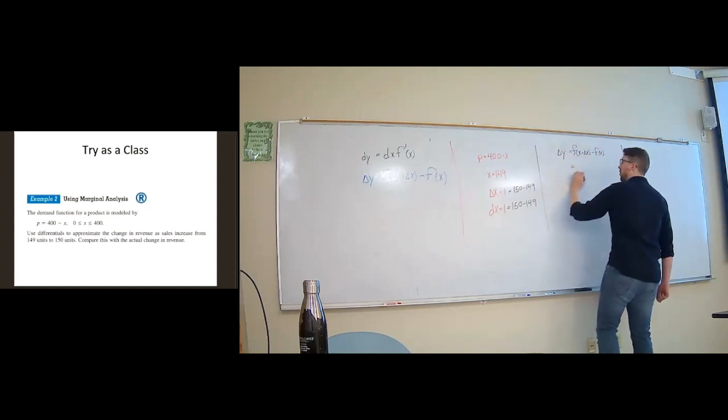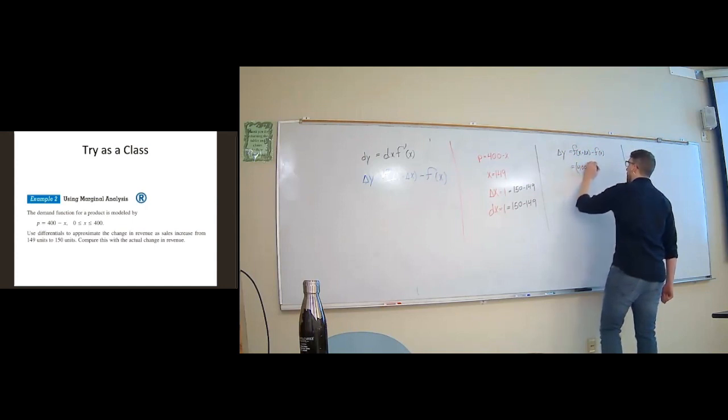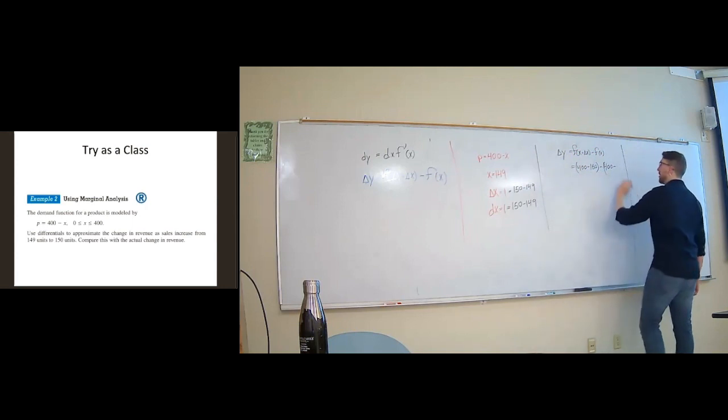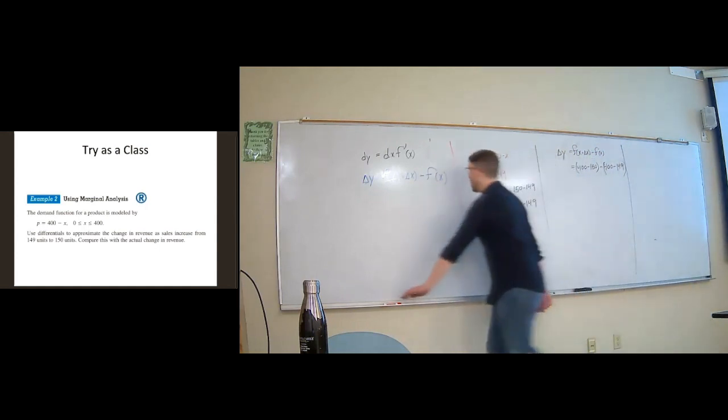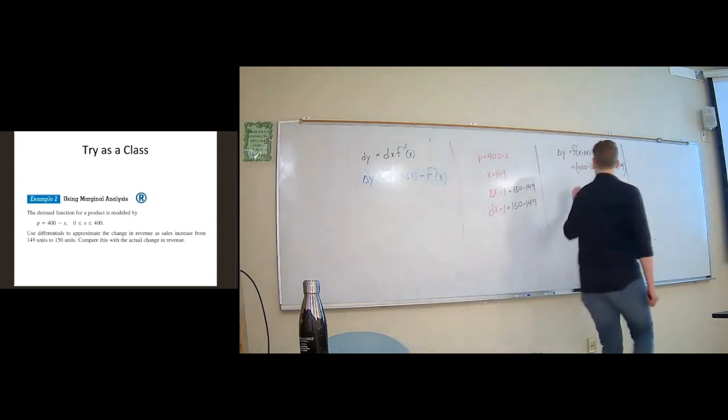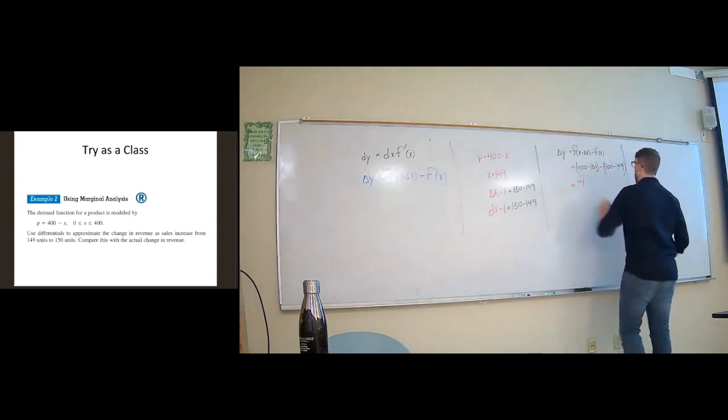So this is going to be equal to 400 minus 150 minus 400 minus 149, right? So delta Y then is going to be equal to -1.